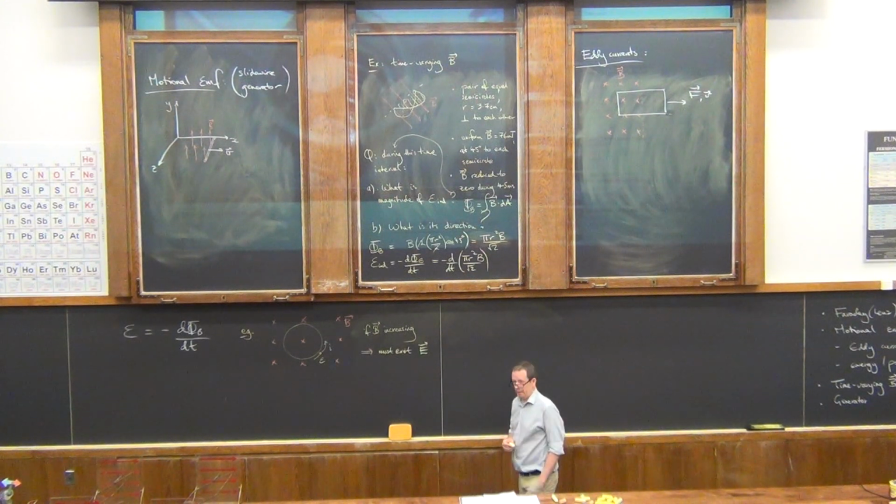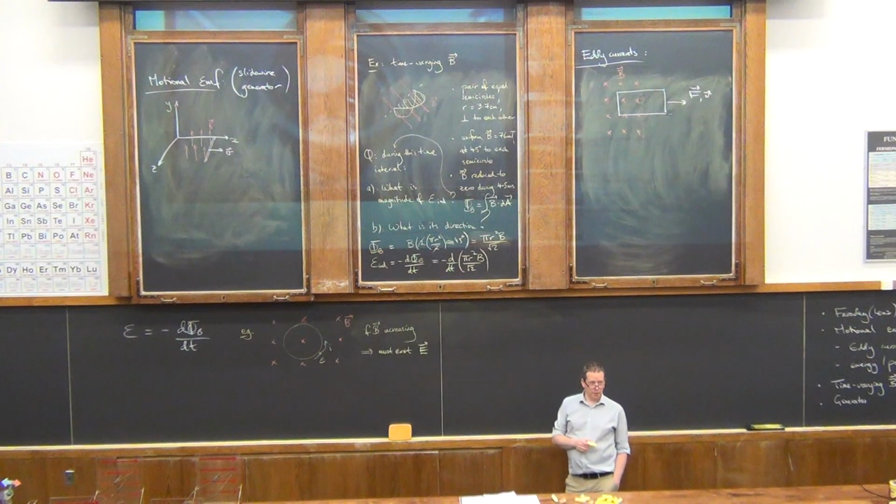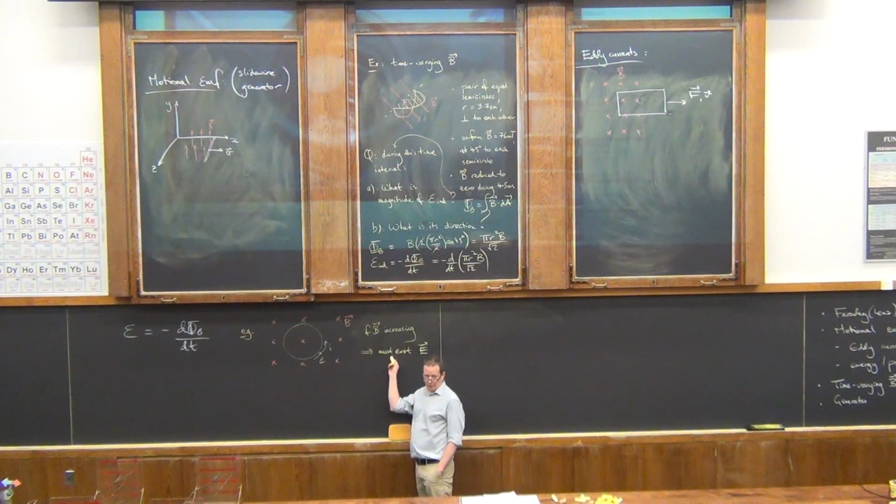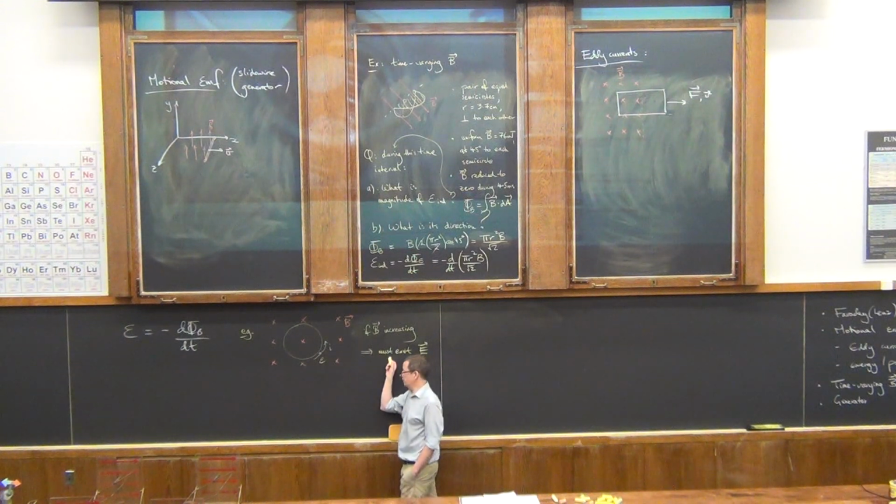And it turns out that this electric field, which is now an induced electric field, we'll talk about the meaning of that in just a moment, is there even if the conductor is not. Okay, let's say that again. This induced electric field produced by a changing magnetic field is present even if the conductor is not.